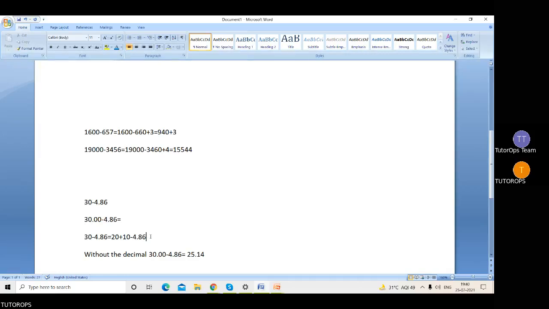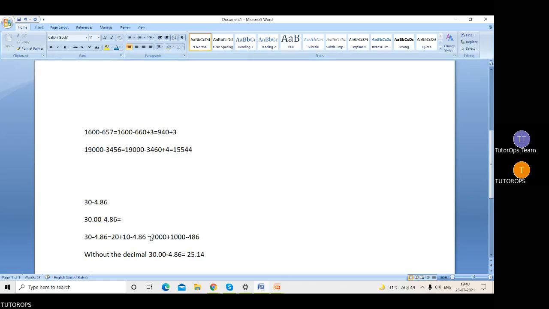So we don't need to reduce 3 to 2, or we don't need to reduce the first digit. We will just follow the method that is all from 9 and the last from 10. Because if we carry it without the decimal, it will be like this: 2000 plus 1000 minus 486.